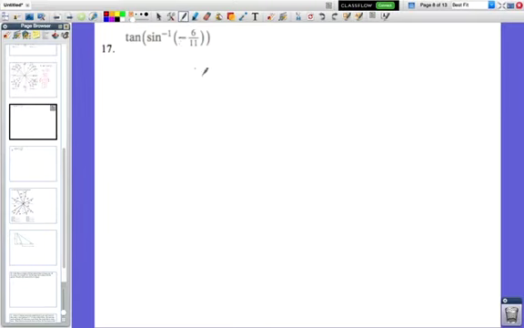Now this is what we're looking at if we don't have a unit circle. If we did not have a unit circle, I'm going to draw a triangle for this problem. Now, it doesn't matter the direction that you draw. It matters for me, but it won't matter for you. I'm going to draw this because this is a negative sine.